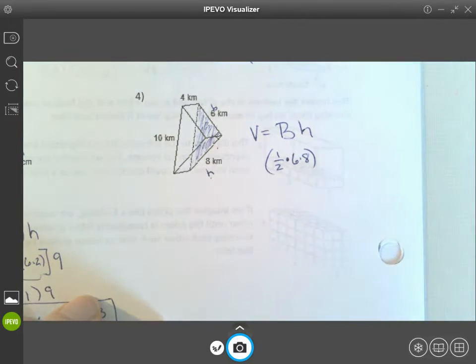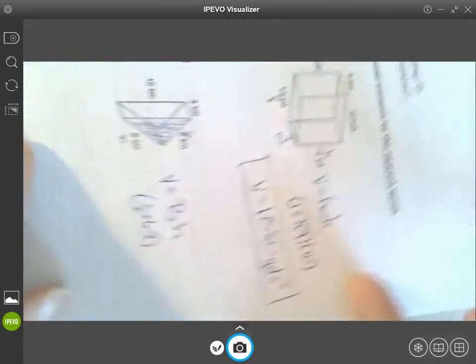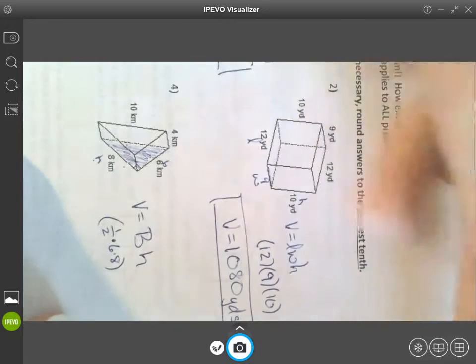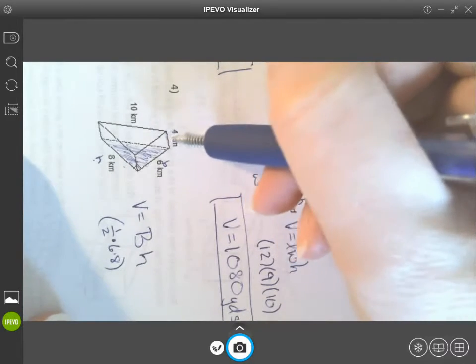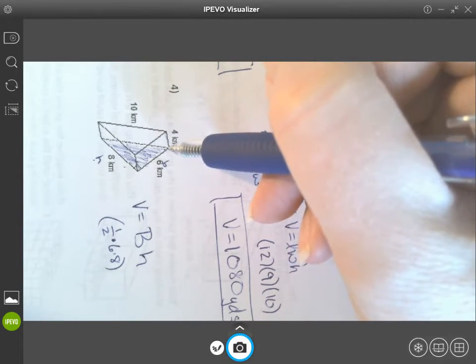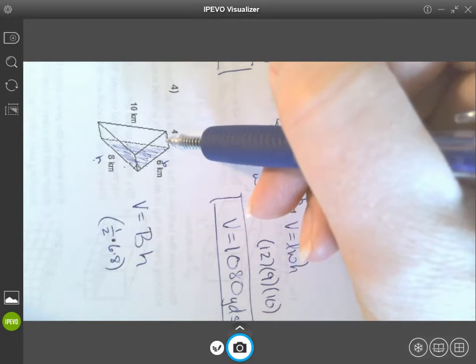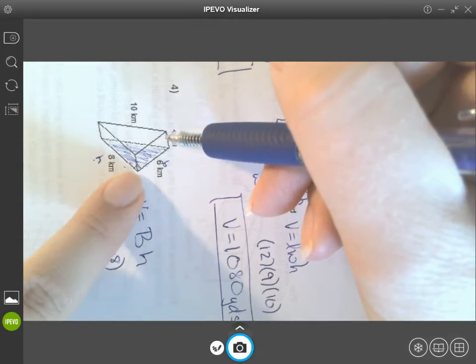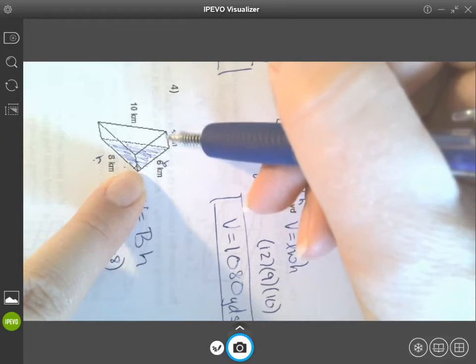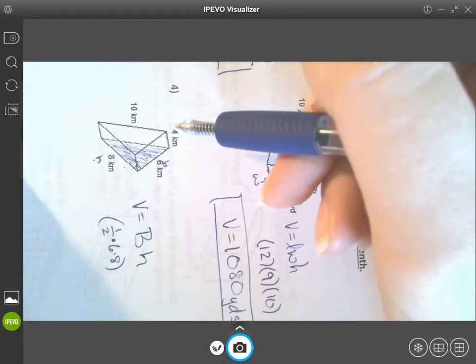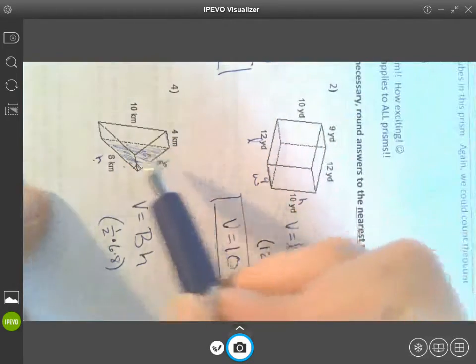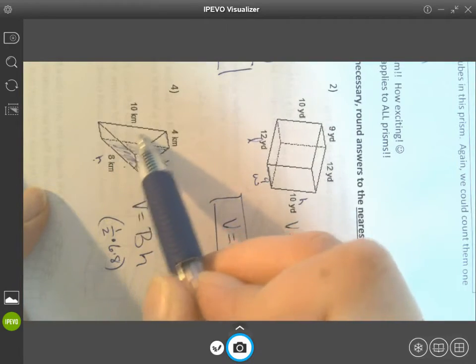What's the height of the figure? Well, turn it sideways. 4. This is the height of the figure. The height of the figure is what connects the two parallel sides. See how this is the bottom and this triangle's the top?